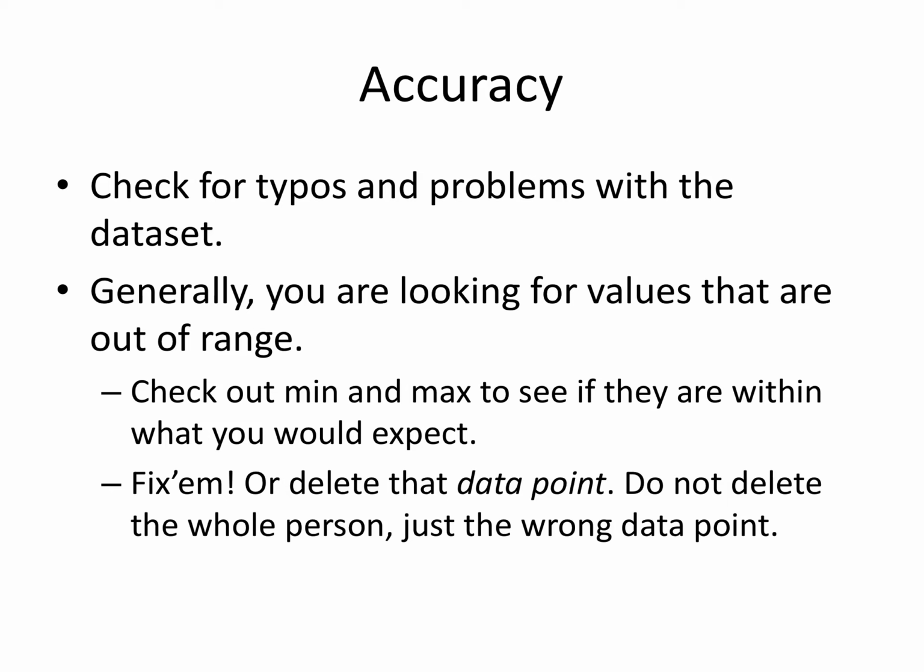If the person typed a 10, I guess I could assume that they meant 1, maybe. So in those instances, it's better to probably delete that data point, not the whole person, so not the whole row, just that one wrong data point, so that you aren't biasing your data by your assumption over what you think the number should be.